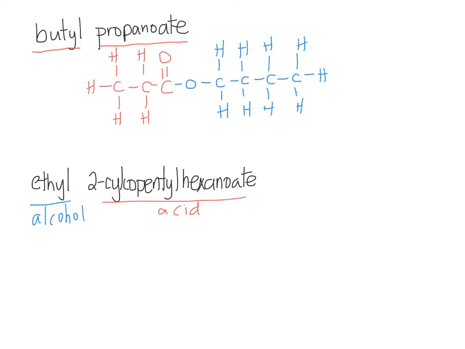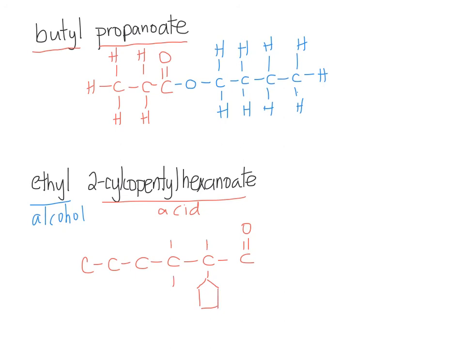So let's draw the acid portion first: 4, 5, 6. There's our double bonded O. And it had a cyclopentyl group on carbon number 2. The C double bond O is carbon number 1, so here's carbon number 2, and it had a cyclic pentyl group.